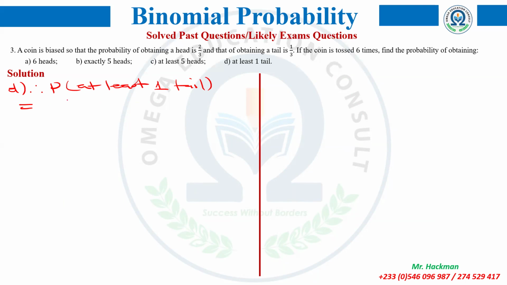Like you realize from the previous assignment, I'm going to advise that anytime you see at least one, use the relation before you change. Don't change directly. It's usually better to use the relation whenever you have at least one. So that will give us 1 minus P of no tail. Do you agree?